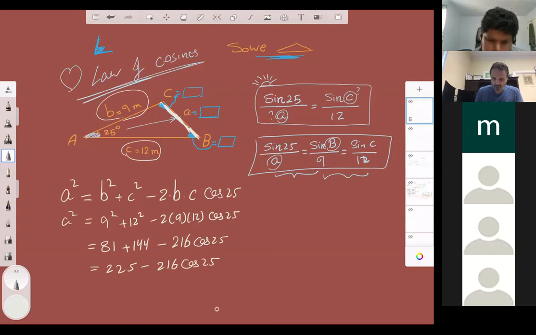Here is super important, guys. There's a minus, there's a multiplication. You need to do this part first before subtracting from 225. So we have 225 minus 216 multiplied by cosine of 25, which is 0.906, for example. In homework, they will tell you how many decimals to round, so I am rounding to 3 decimal places.